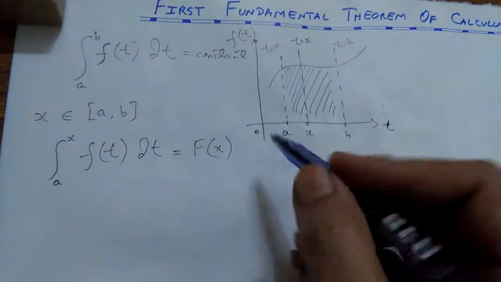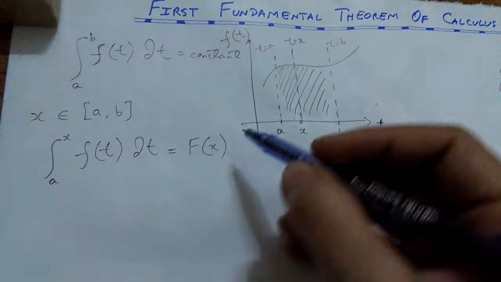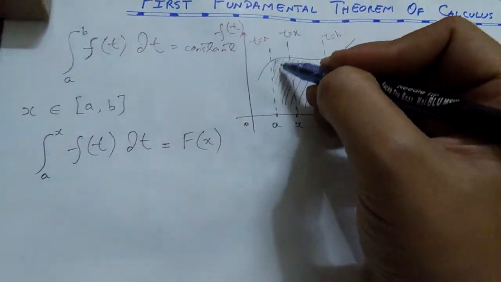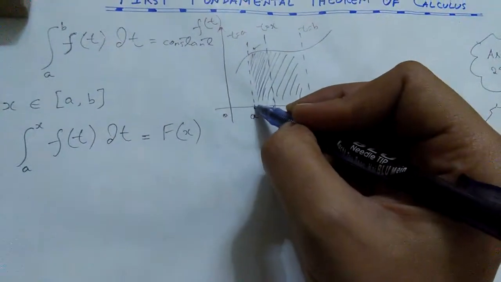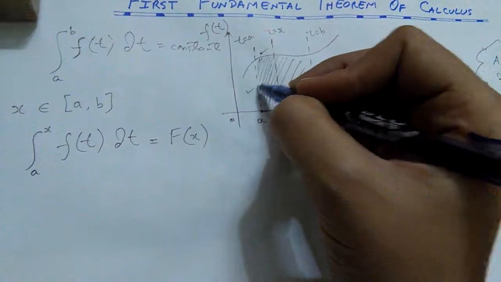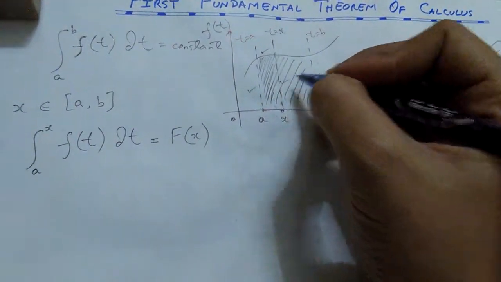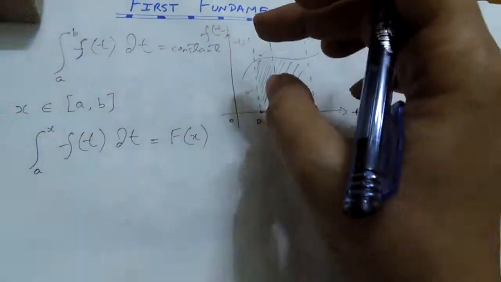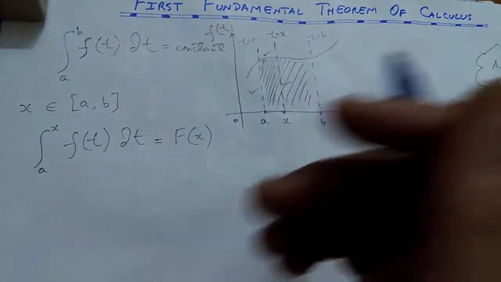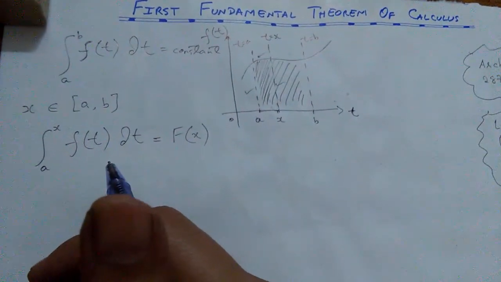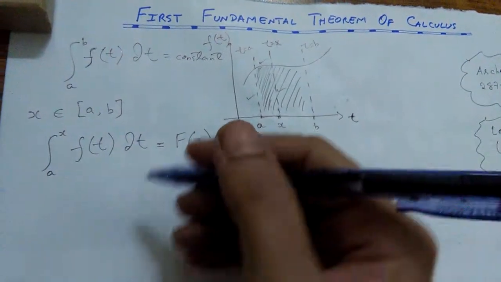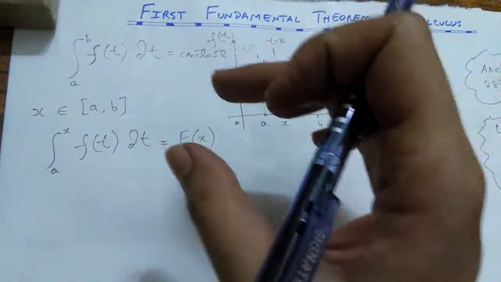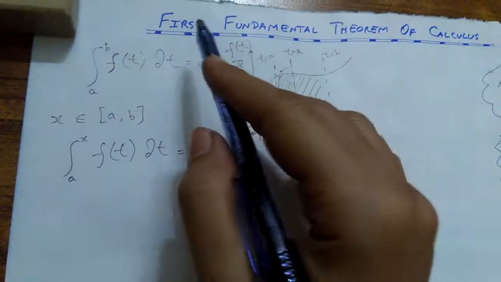Okay, so this function F of x is going to explain the measure of the area bounded by this curve, this t-axis, this line t equals a, and this line t equals x. So it's going to explain the area, that is not in number form.